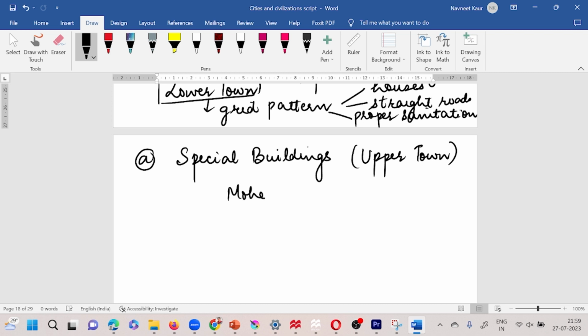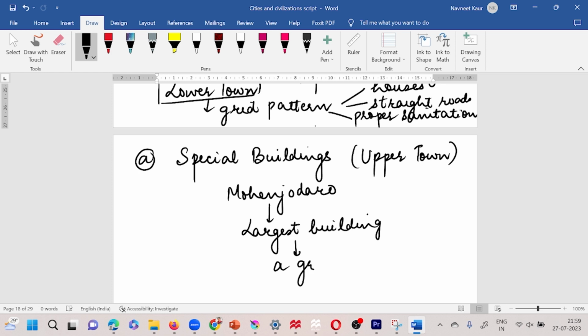In Mohenjo-daro, the largest building was a granary.